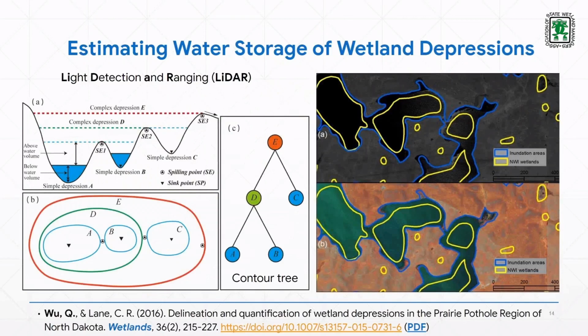The yellow polygons are from the NWI. The blue ones are delineated using LiDAR. And you can clearly see that using LiDAR, we can delineate the current wetland inundated status. But we can also potentially identify some of the wetlands that have already dried out, where basically no visible water can be detected during the NAIP imagery acquisition.